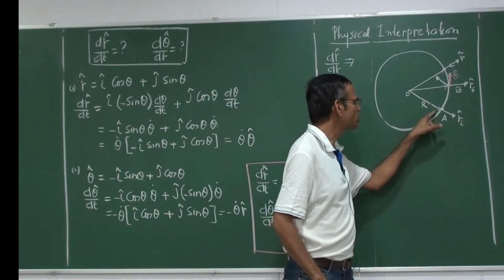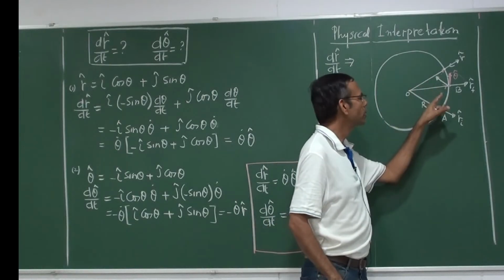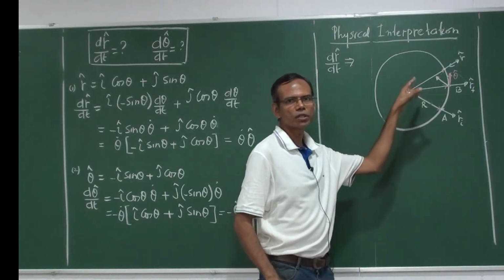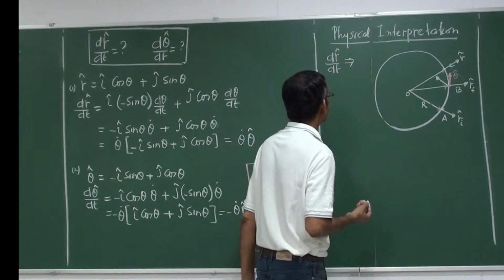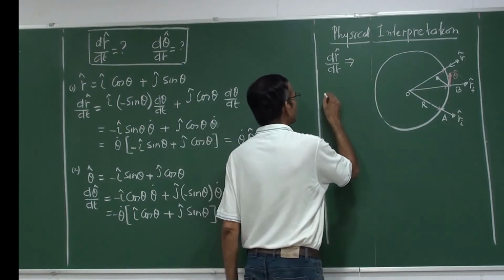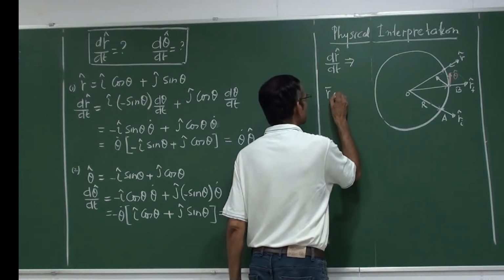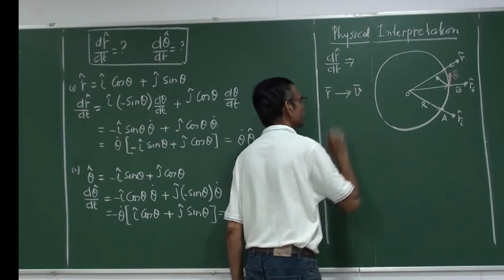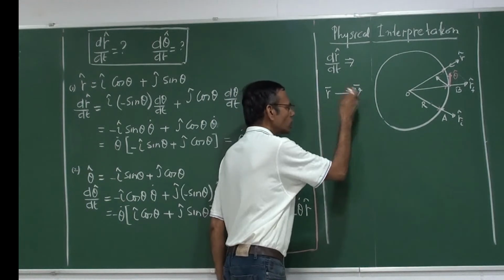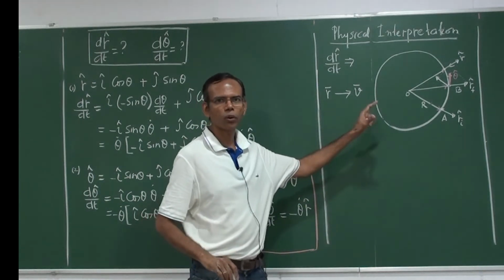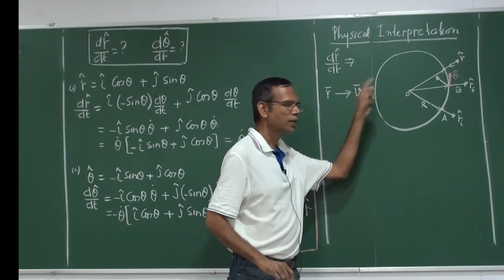So basically when you differentiate the radial vector, which is changing, you get the velocity vector which is tangential. So this we have been doing in our circular motion, when you go from position vector r to calculate the velocity vector v. Unconsciously we are not so conscious about r vector at that time, but basically that is what we are doing.